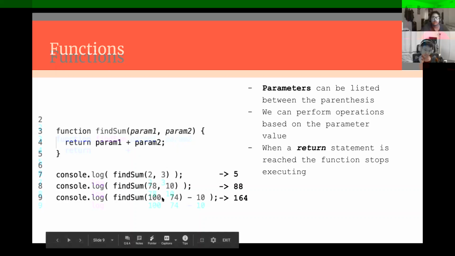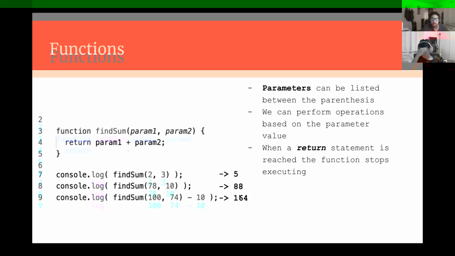Find sum of 100, 74 will give us 174, and it's returned as an integer. So what we can do is perform operations on that value. We get the value here as 174, and we can subtract 10, and we'd see that the console would log 164 instead of 174.